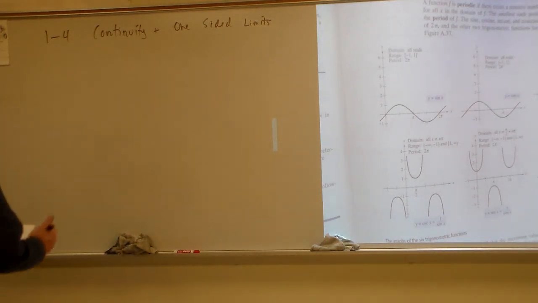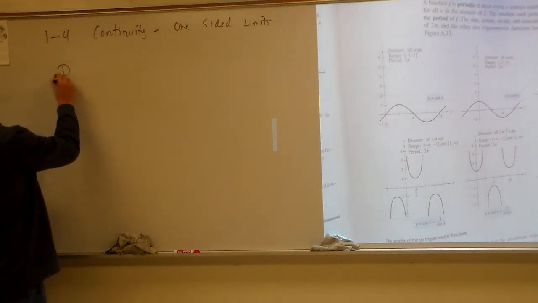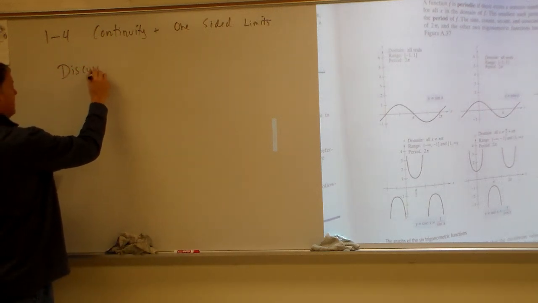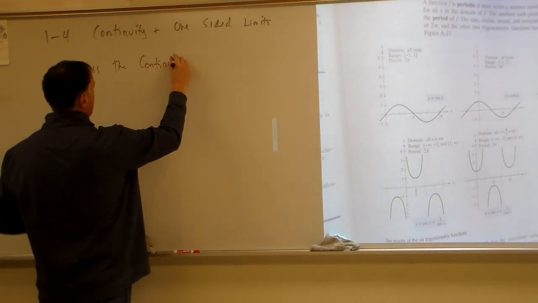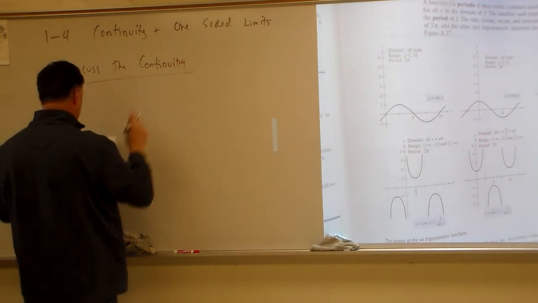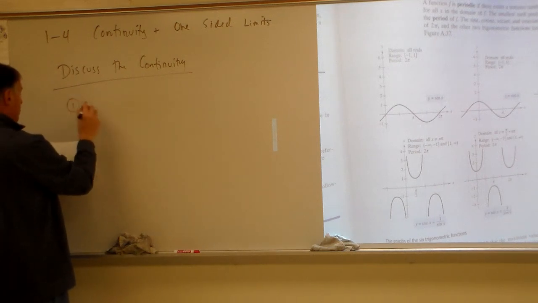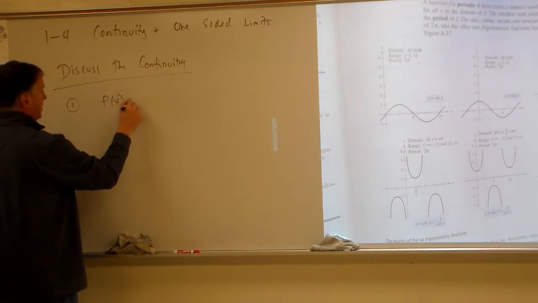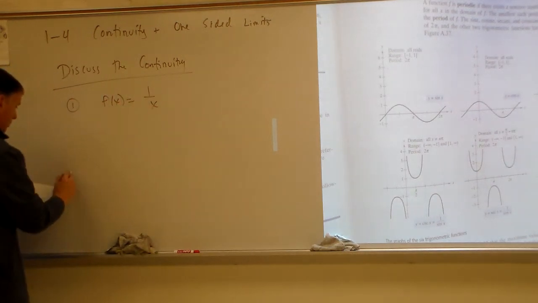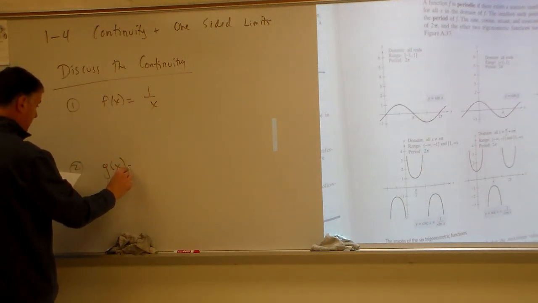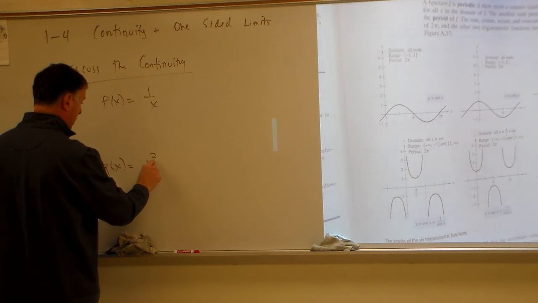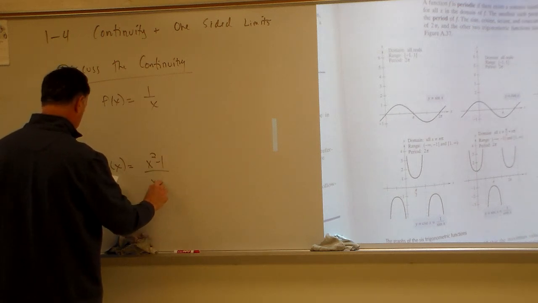So let's discuss the continuity. Okay? A is f of x equals 1 over x. B, g of x equals x squared minus 1 over x minus 1.